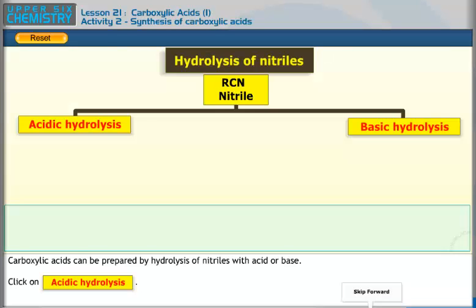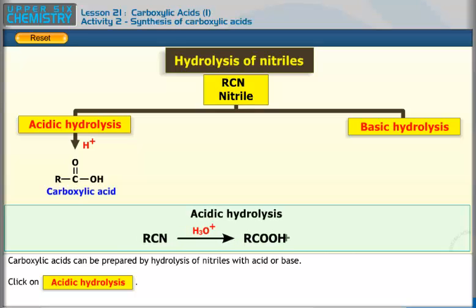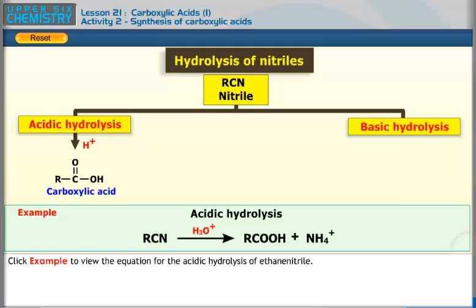Carboxylic acids can be prepared by hydrolysis of nitriles with acid or base. Click on Acidic hydrolysis. Click Example to view the equation for the acidic hydrolysis of ethane nitrile.